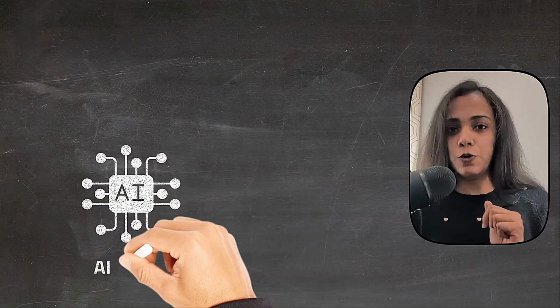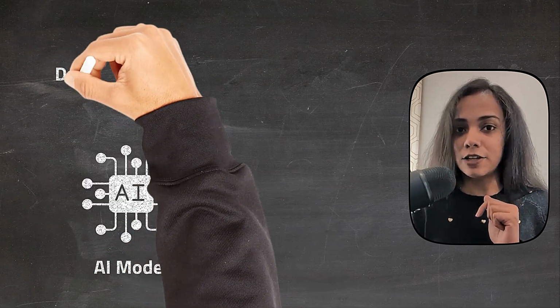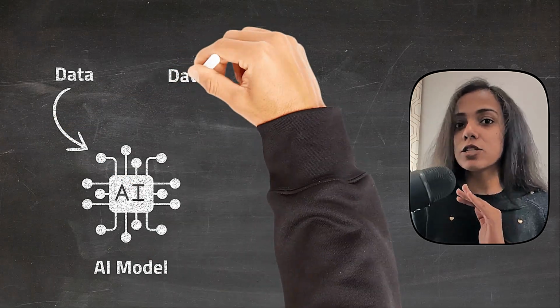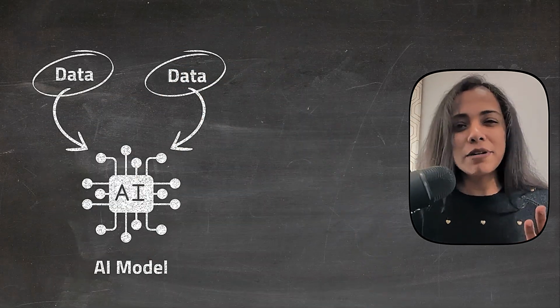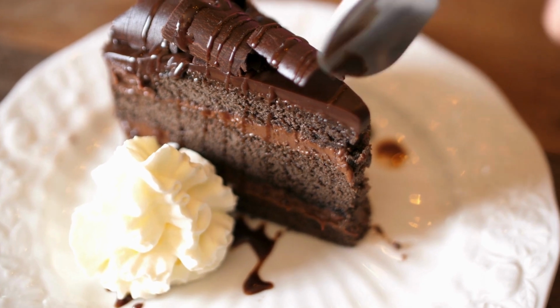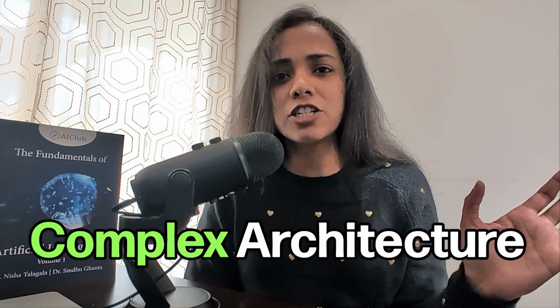Another important thing to know is that the quality of the data that you provide to the model matters quite a bit. Again, a little bit like the cake example. The quality of the ingredients matters, no matter how good your recipe is. Your model architecture may be an amazing complex architecture which can truly capture the patterns of your data, but the data that you're providing itself needs to be good.